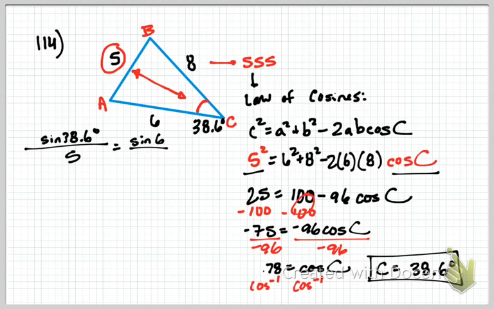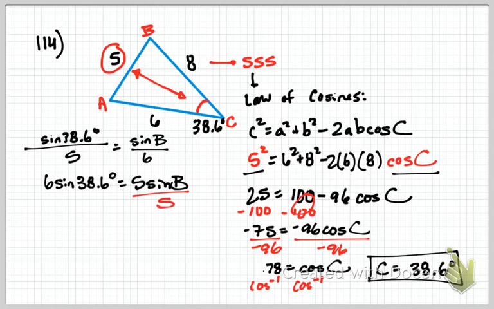Notice my mistake right here. We're not taking sine of 6, we're taking sine of B over 6. There we go. Now we can cross multiply. Remember, we're taking the sine of the angle.